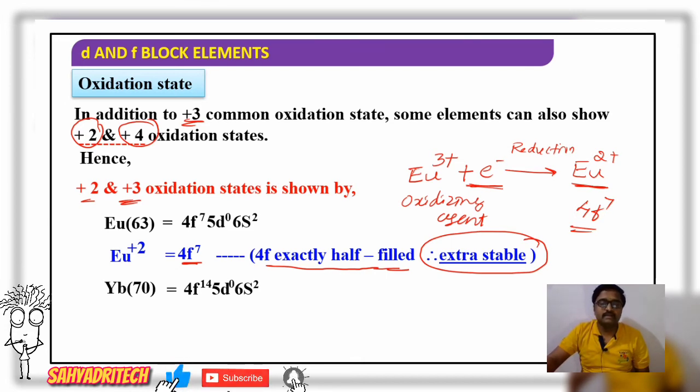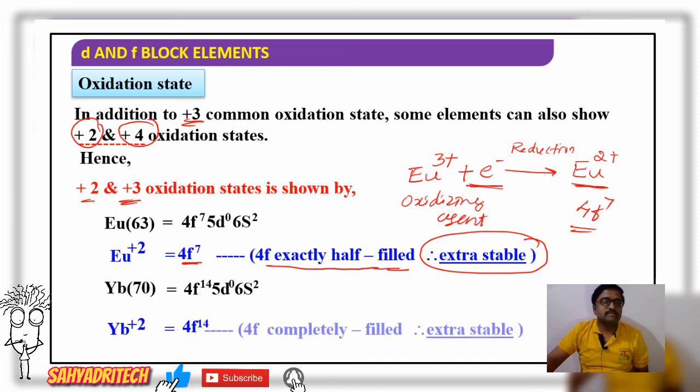You got it? Then if you consider, ytterbium shows +2 oxidation state. Even here also, ytterbium 3 plus, by accepting an electron, is immediately converted into ytterbium 2 plus. Why does it have this tendency?